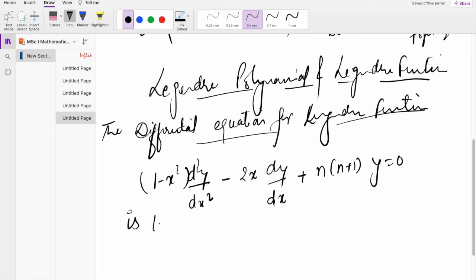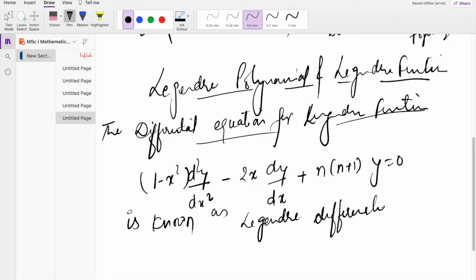This differential equation is known as Legendre differential equation. Say n is some integer, right?